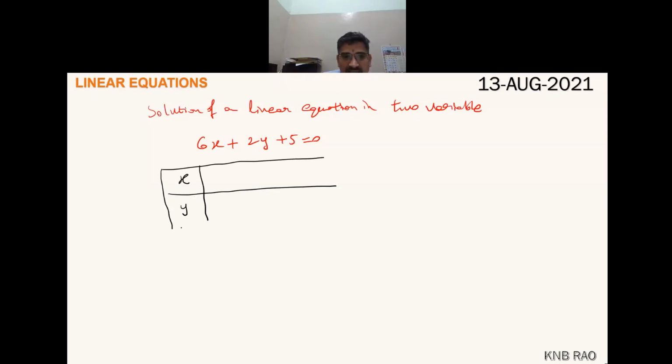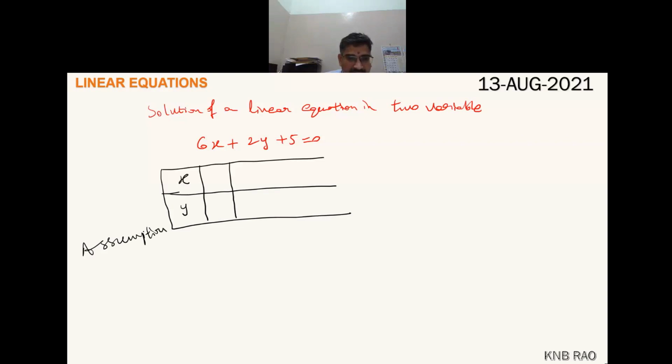You cannot solve this equation unless you assume some number for one variable. If you assume some number for one variable, automatically the value of the other variable you will get. So here you need a compulsory assumption.